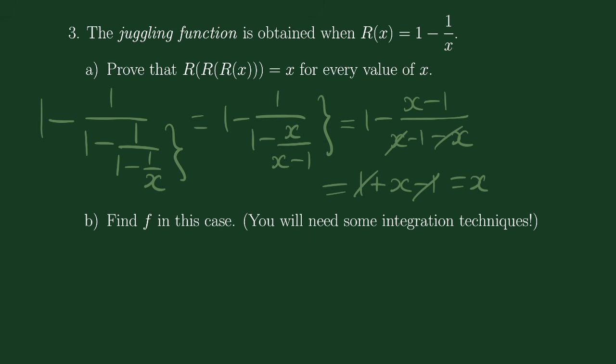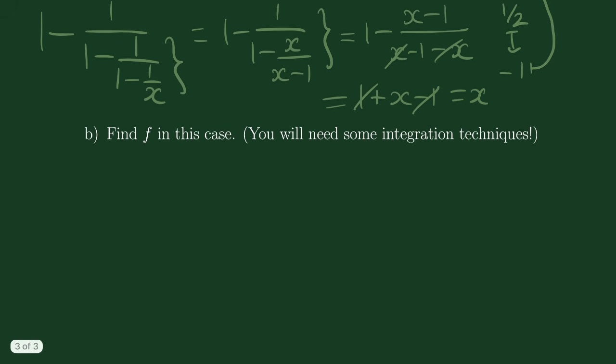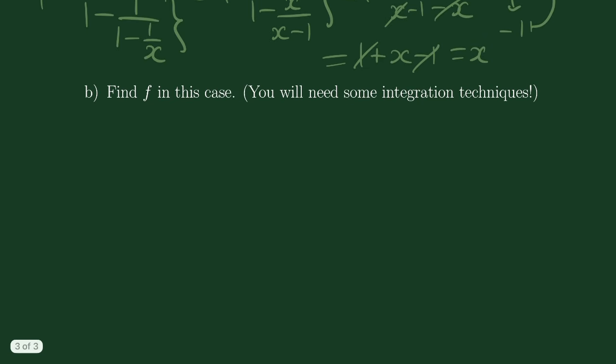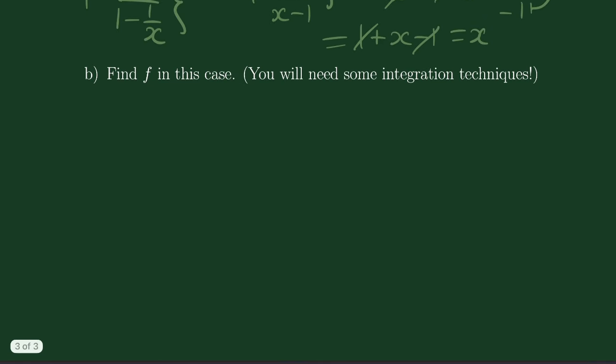So for example, taking the value 2 and plugging it into our function gives a half. Plugging in a half gives minus 1. And plugging in minus 1 leads back to 2. And this will happen for any point at all that we substitute into our function. What about finding f, the function whose Newton's method update rule is r of x?